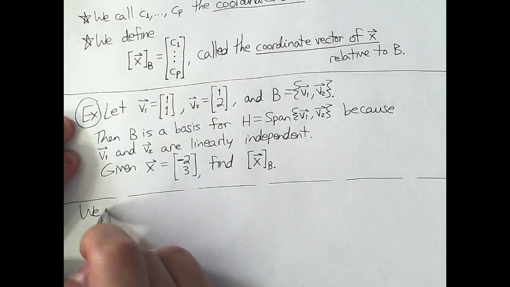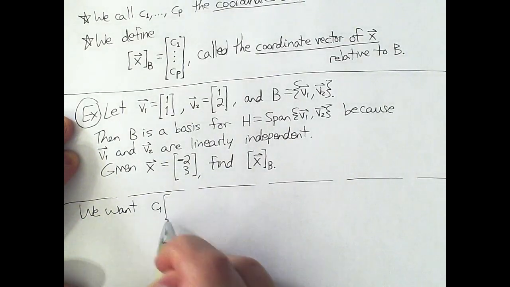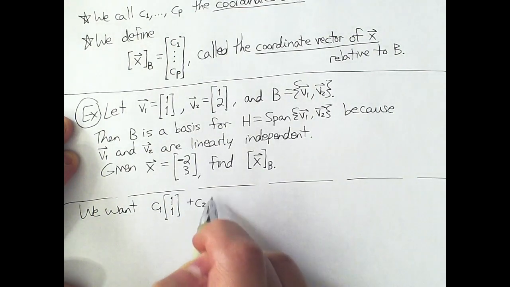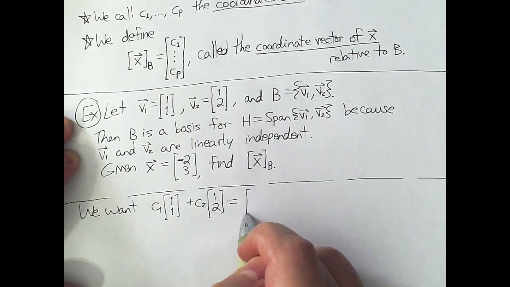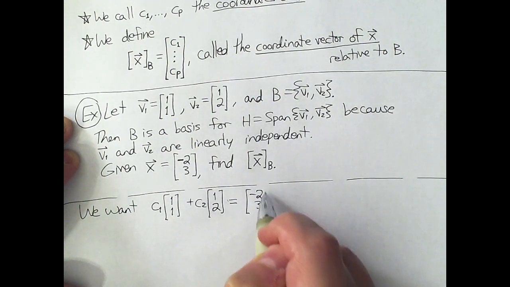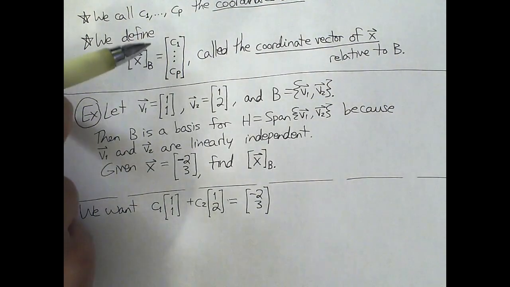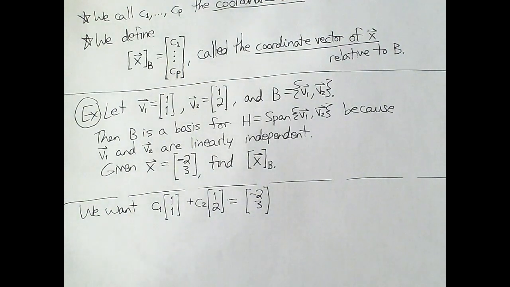So to solve this, we want a linear combination of the basis vectors and we want it to equal x. That makes sense, right? If we could find c1 and c2, put them in a coordinate vector, we're done, right? So we just need to find c1 and c2 that fit this.